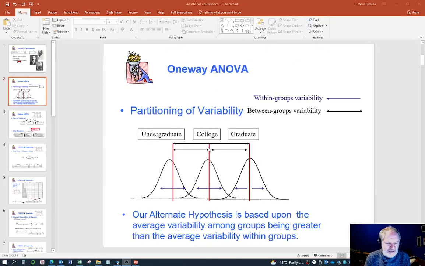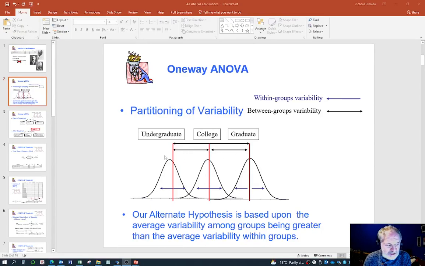Okay, as we talked about, I'm partitioning the total variability of the study into two pieces, that which is within groups, which is the error within our groups, or I'll refer to it as our within groups variability, which there's within groups variability for the undergrads, within groups variability for the college students, and within groups variability for the grad students. There's also between groups variability.